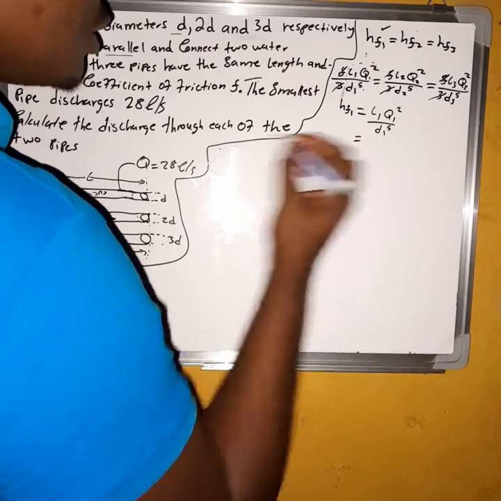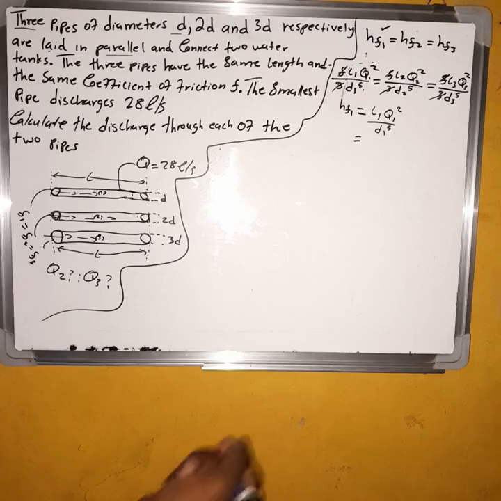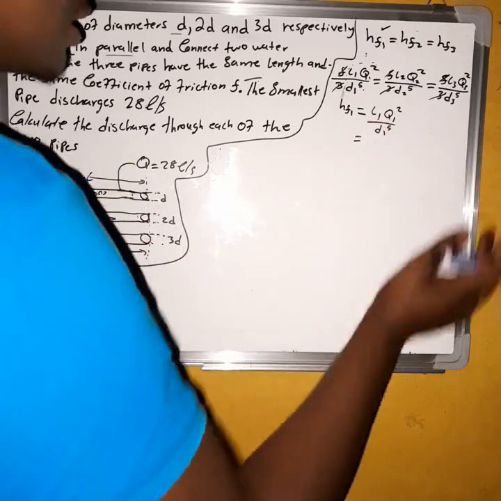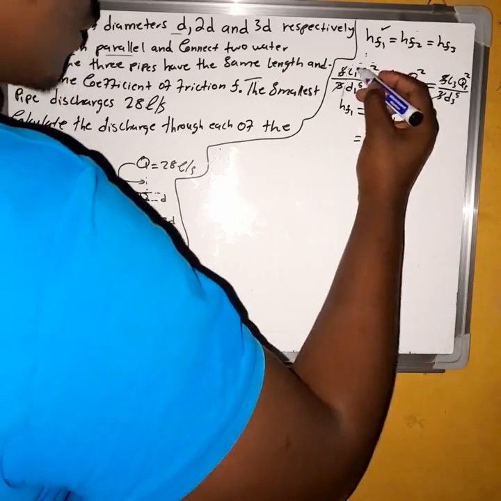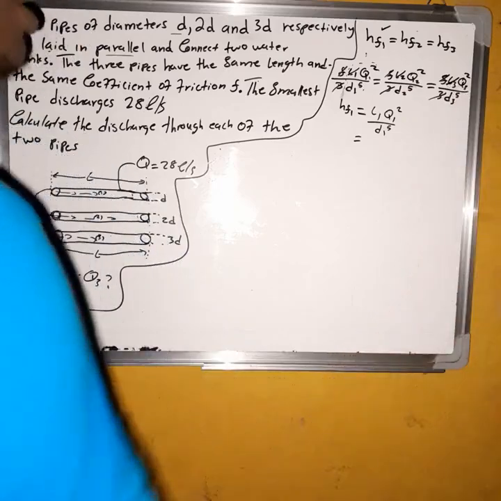Then do we have length 1? What is the length? Are we given the length? We are not given the length. The length is the same. Since the length is the same, cancel the length also. The lengths are the same.